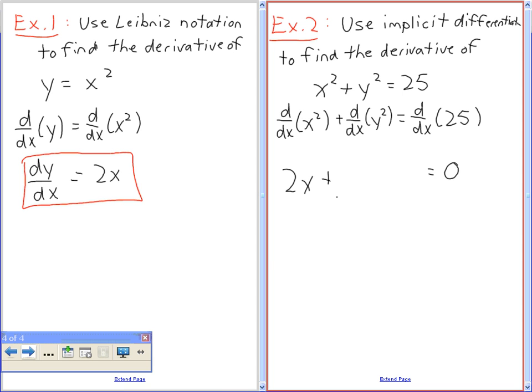I'm going to leave this for right now, and I'm going to show you where this comes from, because this is the tricky part. I'm going to use the chain rule for this.